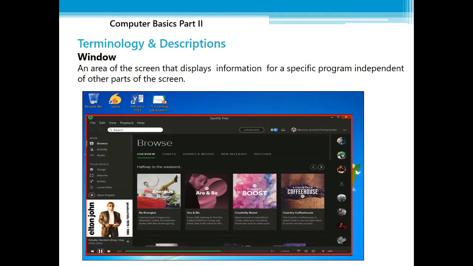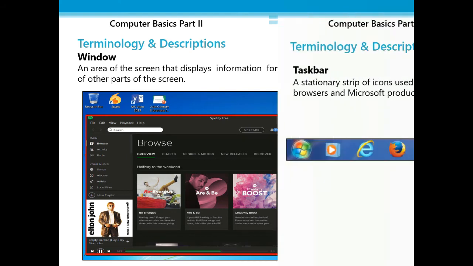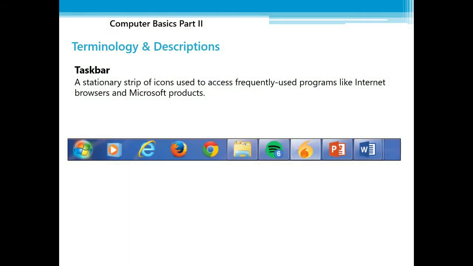Window. An area of the screen that displays information for a specific program, independent of other programs on the screen. A taskbar. It's a stationary strip of icons that you use frequently, and it is placed at the bottom of your screen.